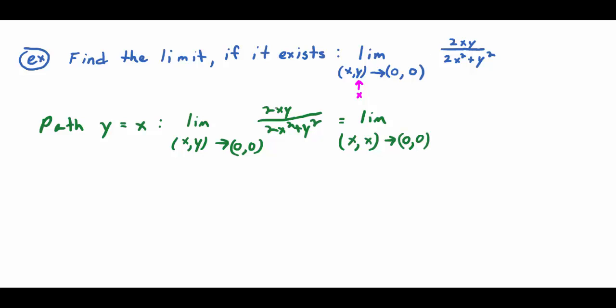And that changes this numerator to 2 times x squared, or 2x squared, and this denominator to 2x squared plus another x squared, because again, y is equal to x, which is 3x squared. And we have this sort of cancellation. Keep in mind, we never allow both coordinates to become (0, 0), so we don't get a division by 0 there. We get 2/3 essentially.